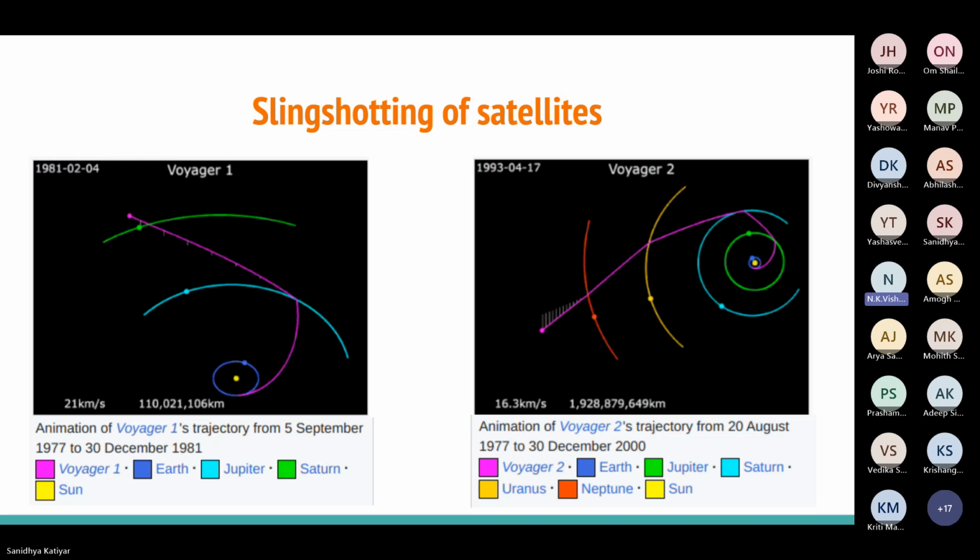So how exactly we do this is we use the power of the other planets that are there in our orbit. So as you can see, Voyager 1 used Jupiter and Saturn to slingshot it.